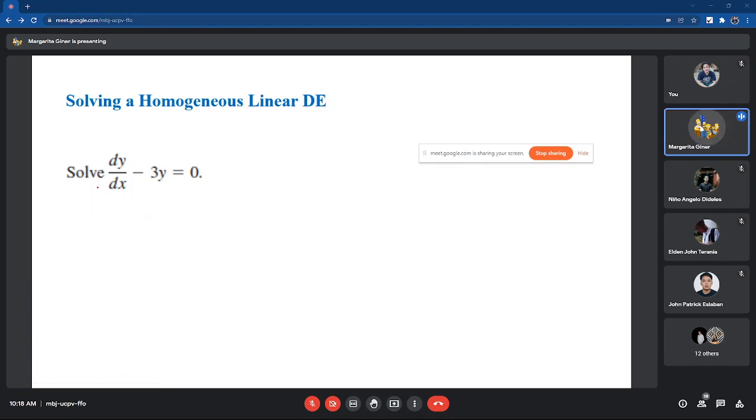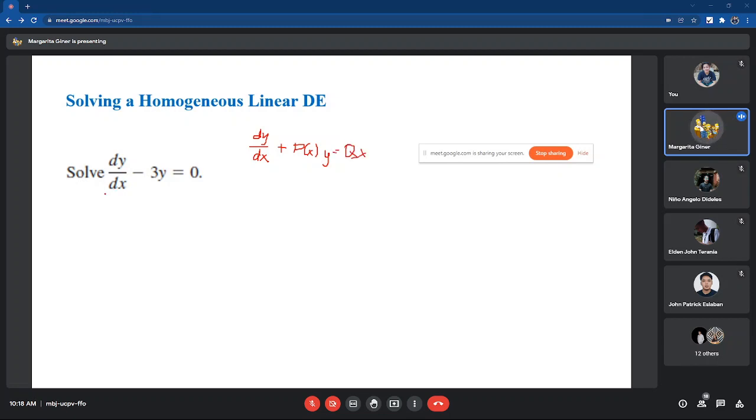Okay. So, try to solve the dy over dx minus 3y is equals to 0. As you can see, naka-standard form na siya. Okay? Diba, this is your dy. Ano nga yung form, standard form na to niya kinahanglan? The standard form that we need is dy over dx, okay, plus p of x, y is equals to qx.